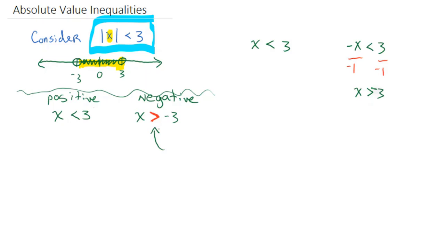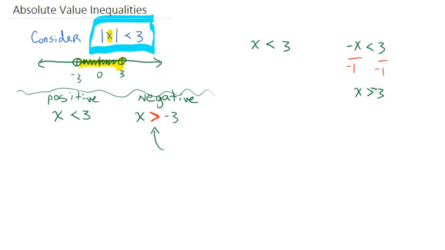Essentially, in the negative case, it's like we've taken that negative value that's inside the absolute value and either multiplied or divided it to clear it off. So it'd be just an x on the left side, which gets the negative on the right side, but because it's an inequality, it's also going to cause that inequality symbol to flip.